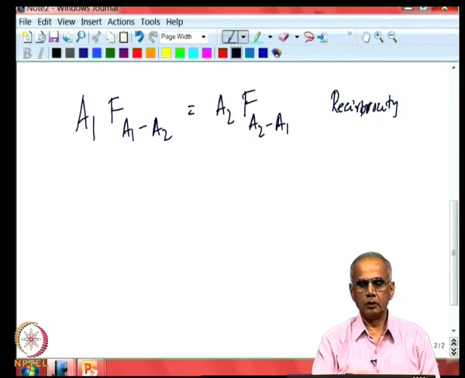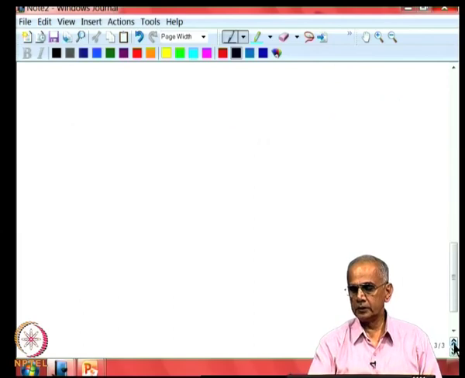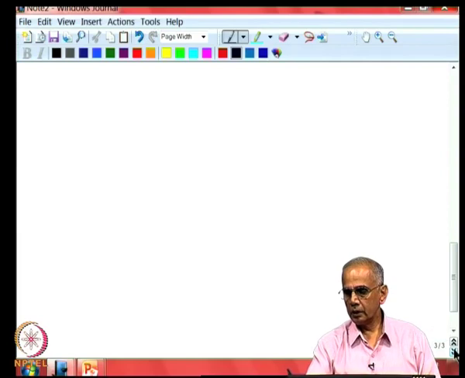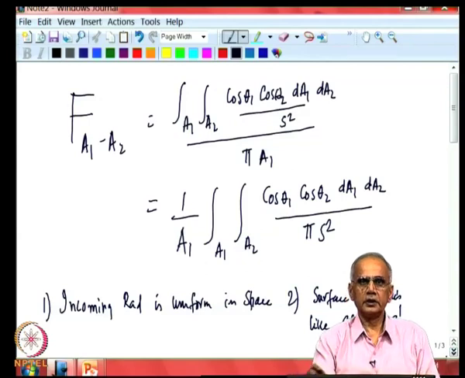Now, in today's computer world, in principle, this integration which we talked about can be done on the computer.